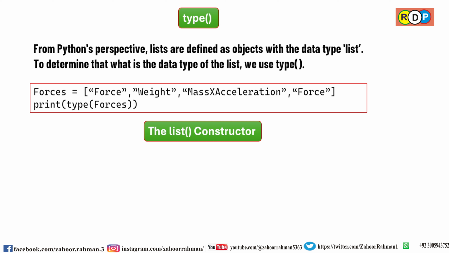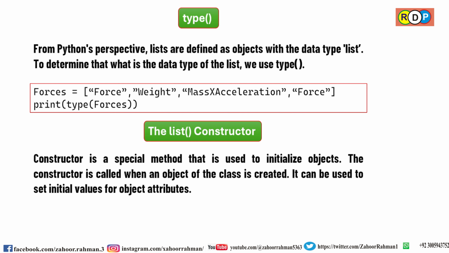In the constructor, we are initializing the values of different objects. Constructor is a special method that is used to initialize objects. The constructor is called when an object of the class is created. It can be used to set initial values for object attributes.